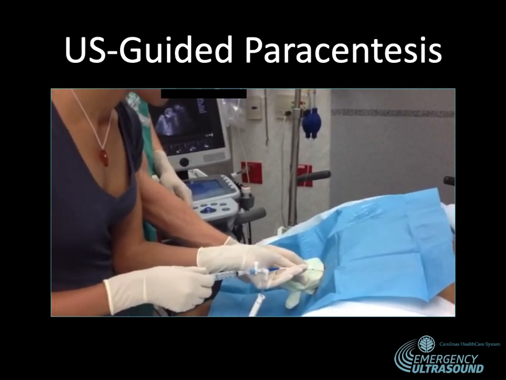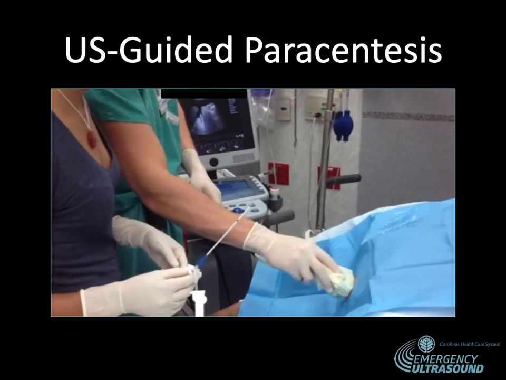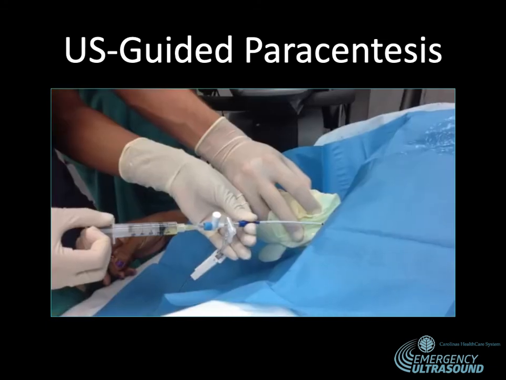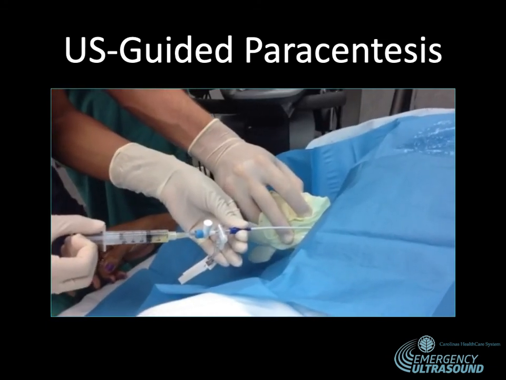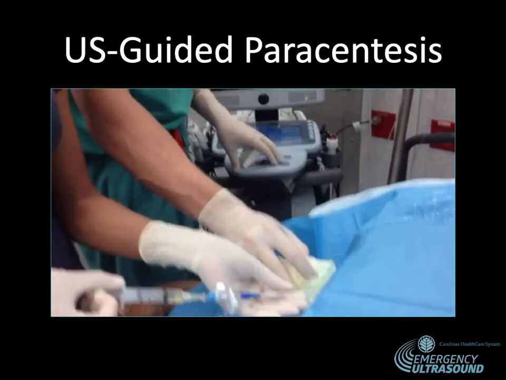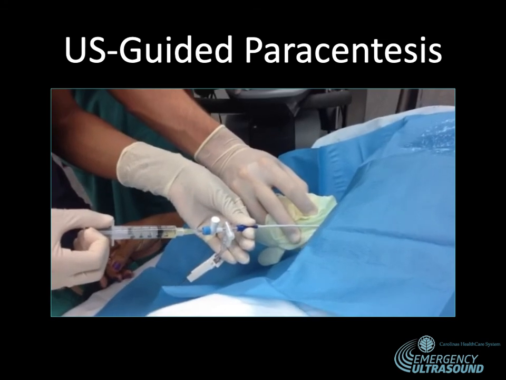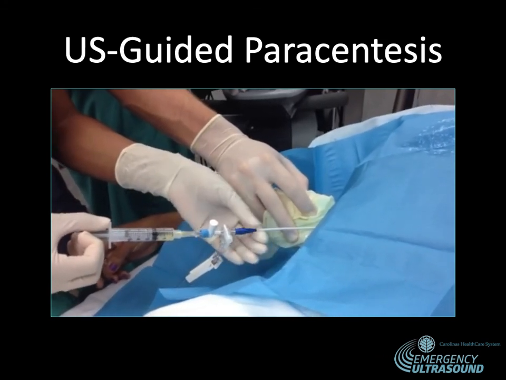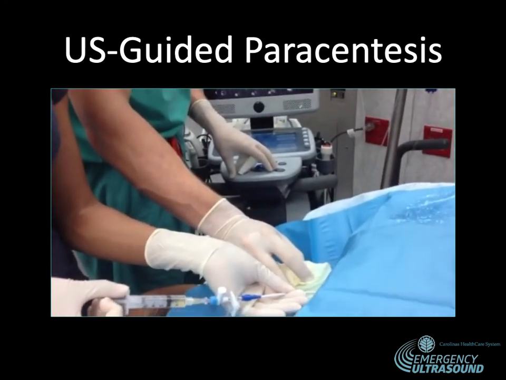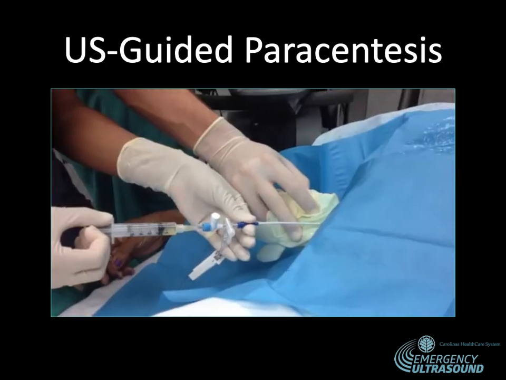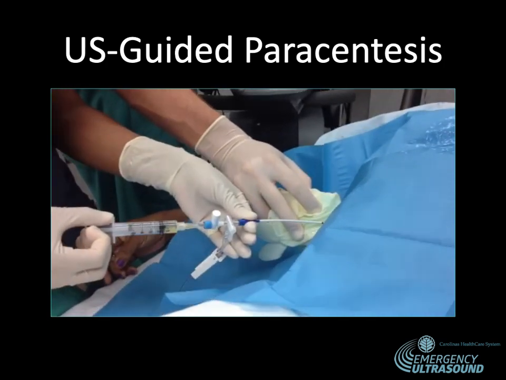It might be a little hard to appreciate here before we go in the rest of the way. So right now, we are in the peritoneal cavity, and we are withdrawing our yellow ascitic fluid, and we can actually put the angiocath in and then continue to withdraw any fluid here.